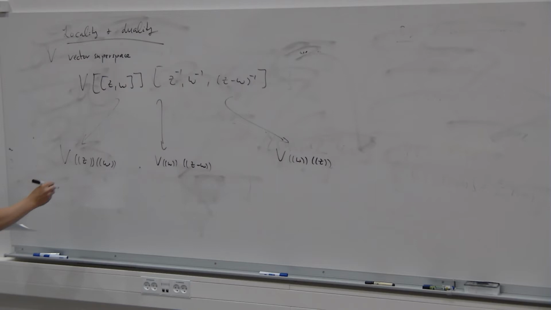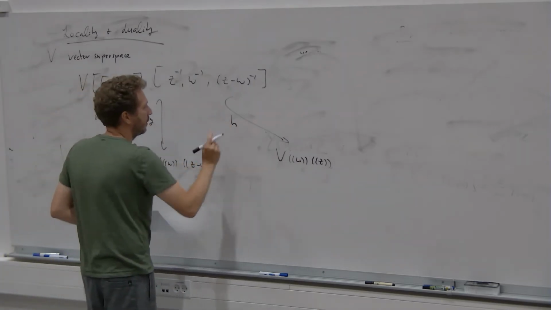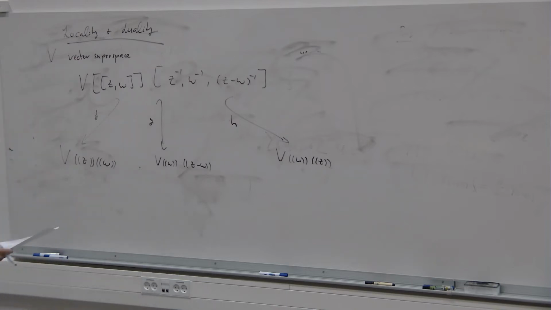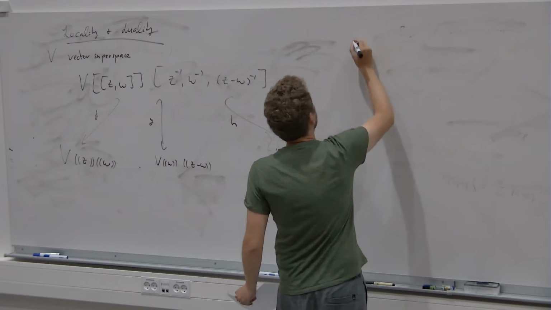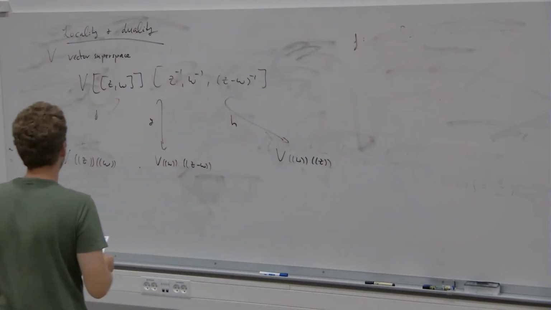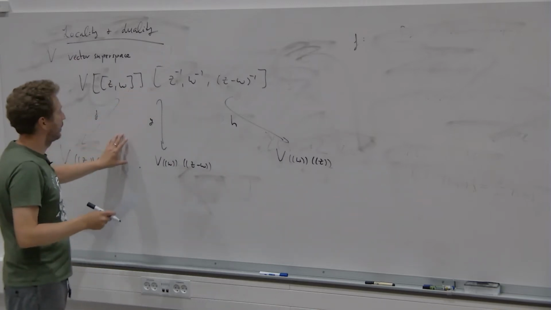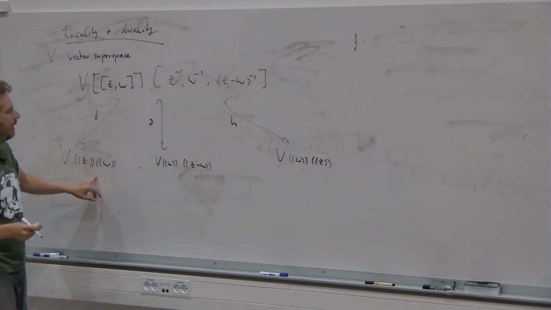Now let me describe these embeddings. What can we do for the embedding of this space in this one here? Let's just think about it. What do we have here?